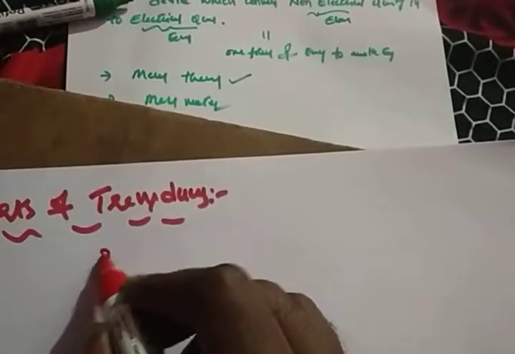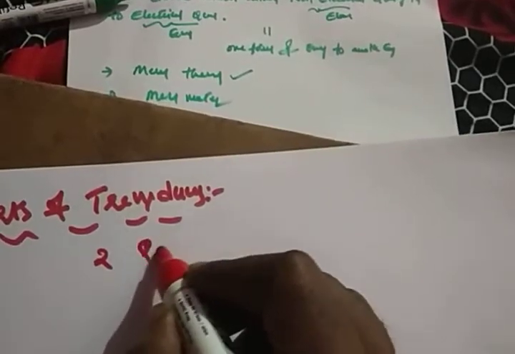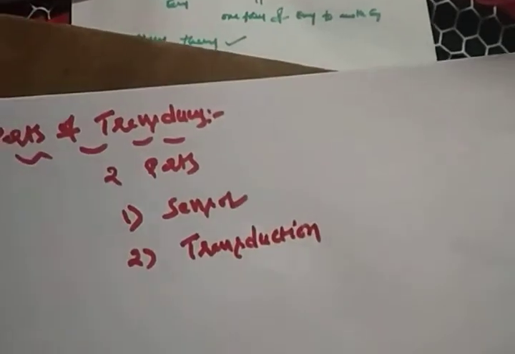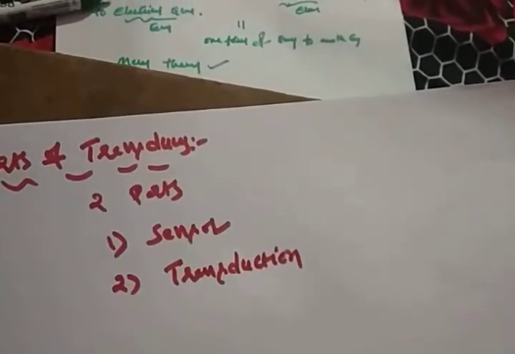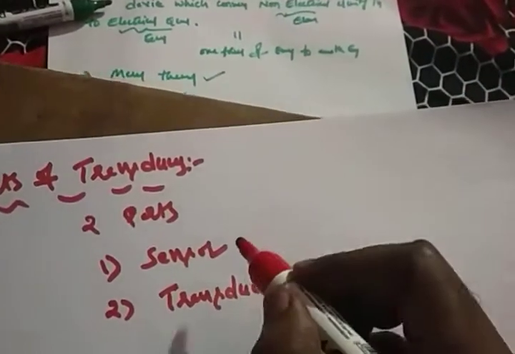Right? So the transducer is a device which has two parts. The first one is the sensor. The second one is the transduction element. So the transducer has how many parts? Two parts: a sensor and a transduction element.